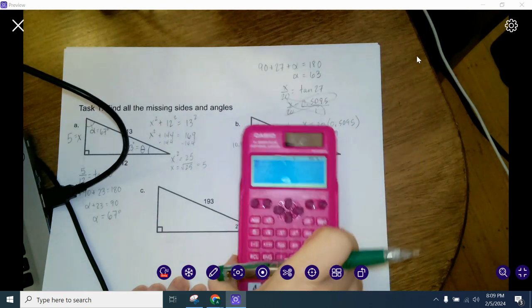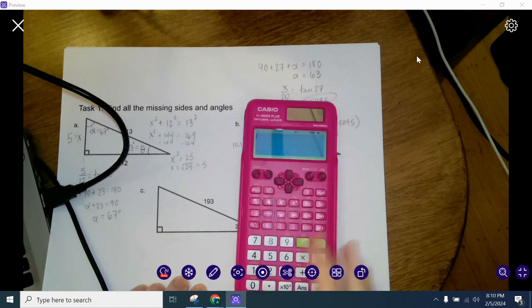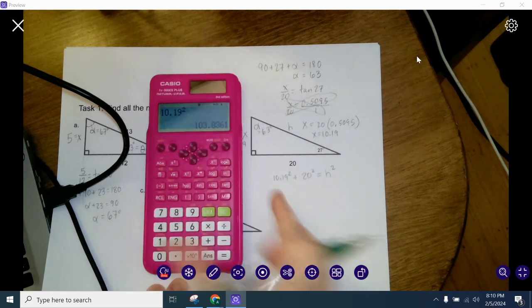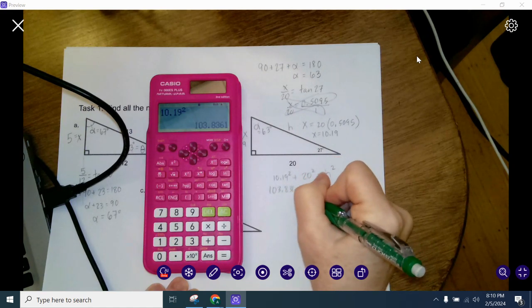So again, back to my calculator, 10.19. I want to square that. There's actually a button that says x squared. That's a little shortcut. And I get 103.8361.